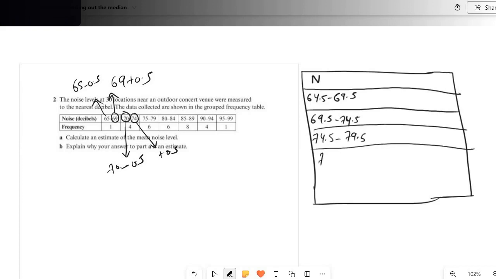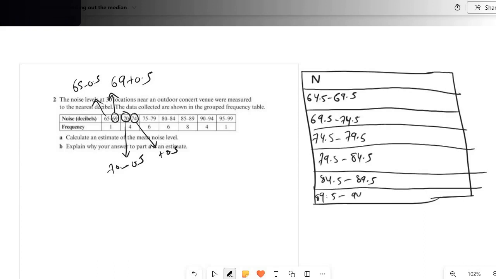Then we have 79.5 to 84.5, then 84.5 to 89.5, then 89.5 to 94.5. And finally, the last class is going to be 94.5 to 99.5. And this is the corrected frequency table.